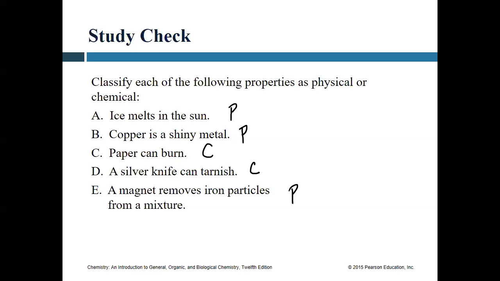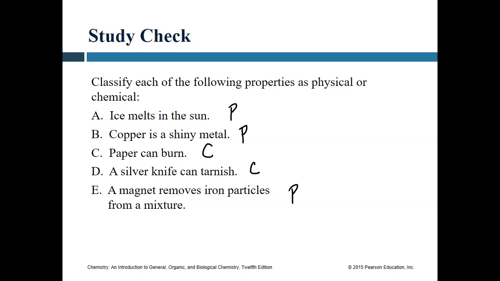It would change the mixture, but remember, mixtures are physical combinations. So when we change a mixture, it's still not a chemical change.